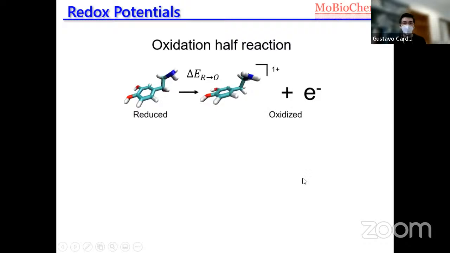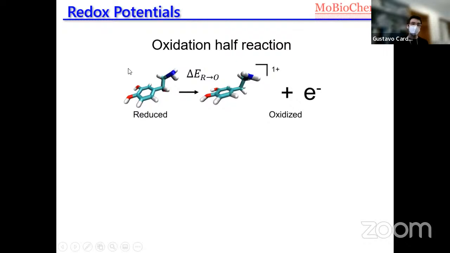Okay, so what are these famous redox potentials? In today's lesson, we're going to study what we call an oxidation half reaction. This is quite an intuitive process.